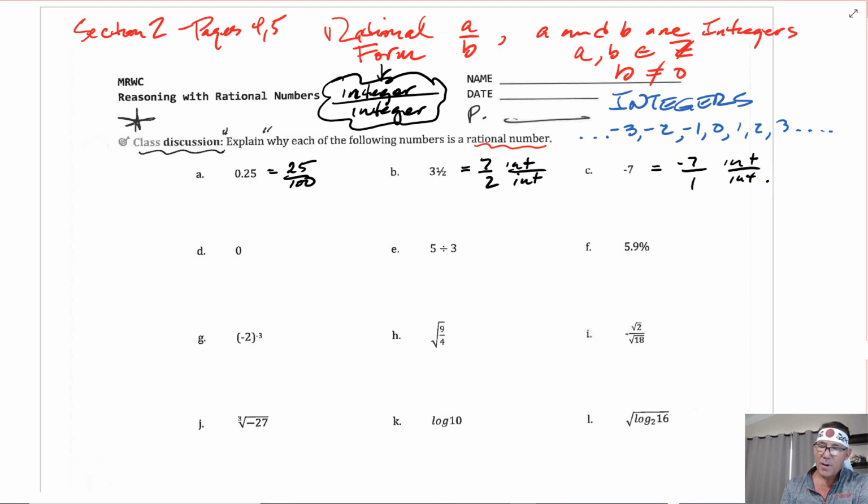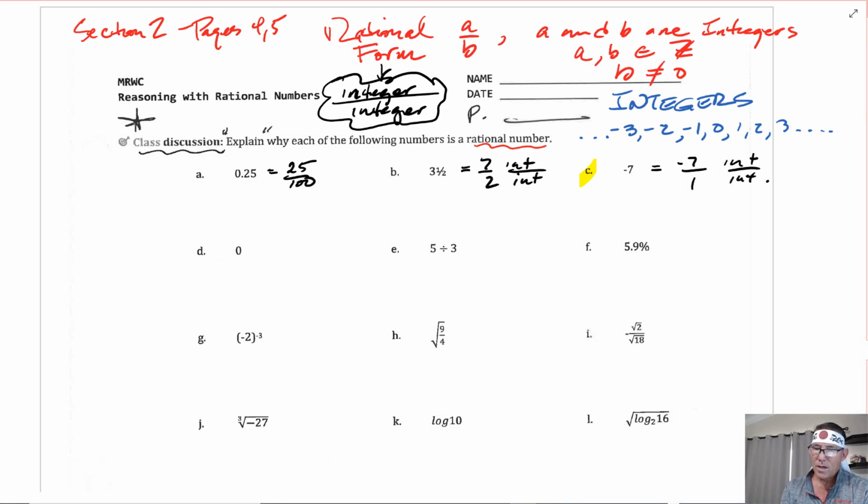So let's talk about C, for example, because a lot of people think that the whole numbers, or their opposites, like -7 right here, are not rational because they're not a fraction. Well, remember, if you can write any number as a fraction, like I just did, divided by 1, it's rational. Believe it or not, -7 is a rational number. Integers are a subset of the rationals.